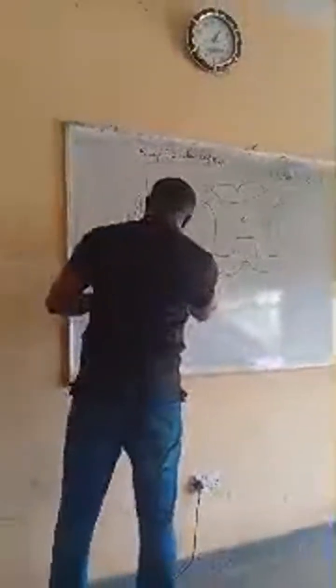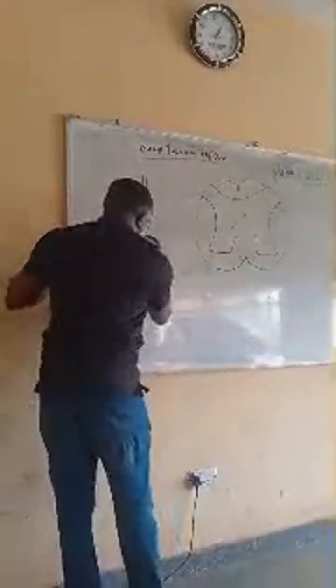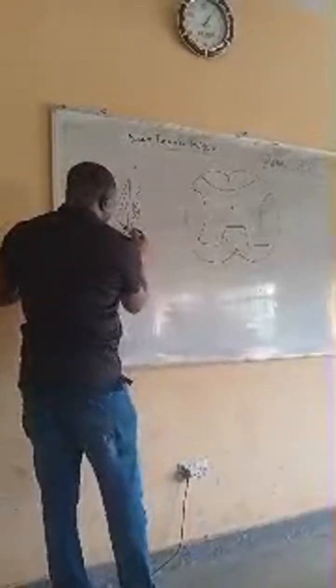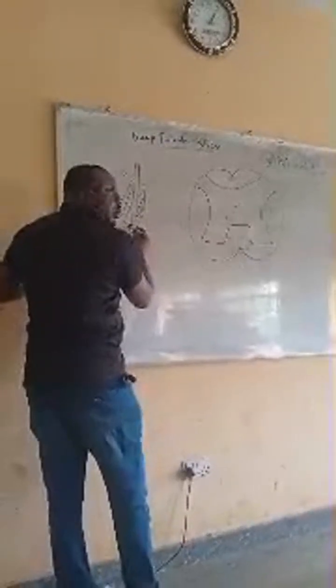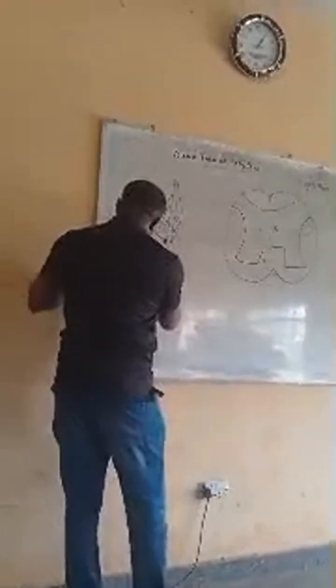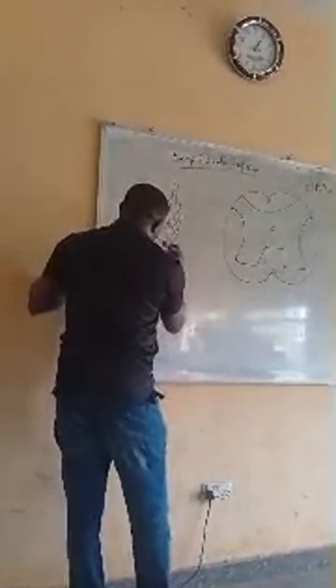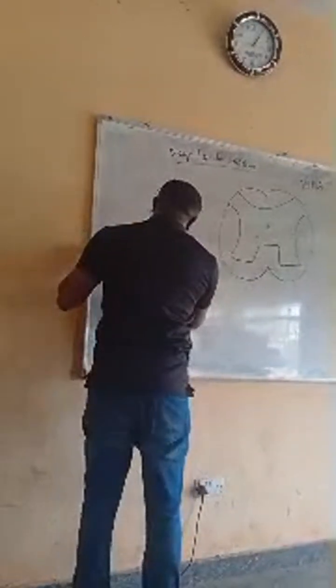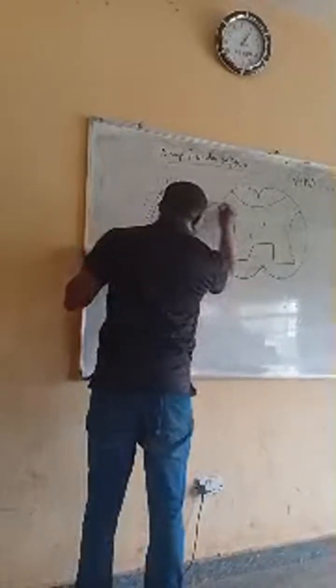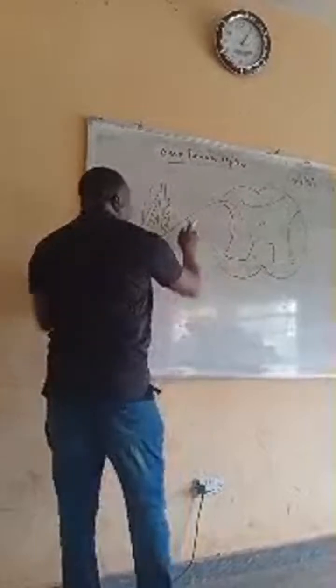So what happens is that you observe fibers from the muscle, from the tendon, from the Golgi tendon organ. Here is where we have the Golgi tendon organ. Now, sensory fibers go to the spinal cord.